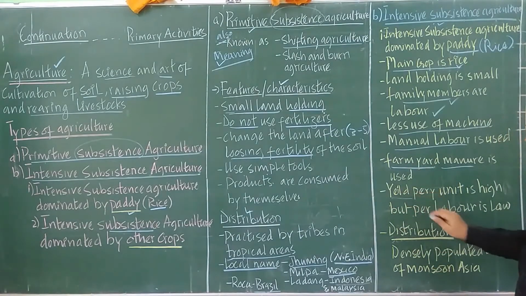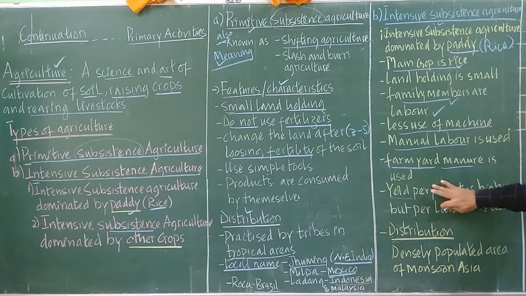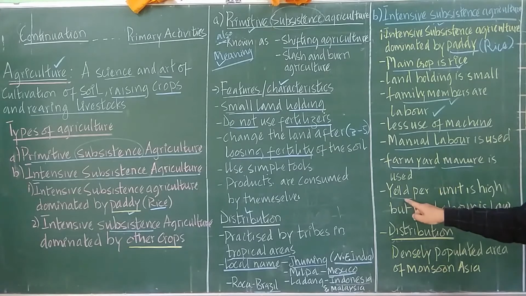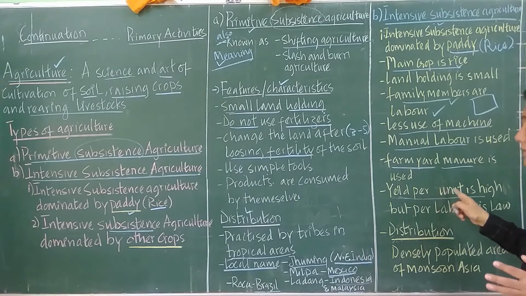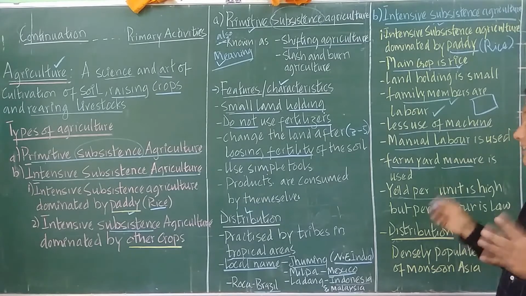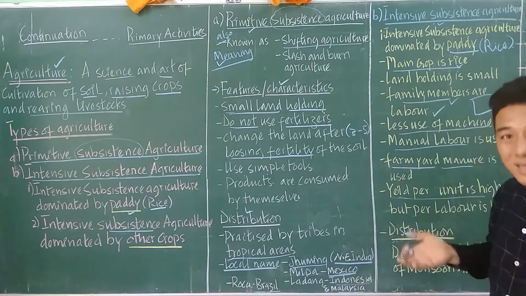And yield, now this is important. Yield per unit is high from the small plot of land. The yield is high, the production is high.